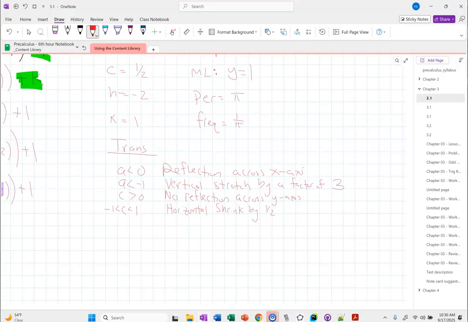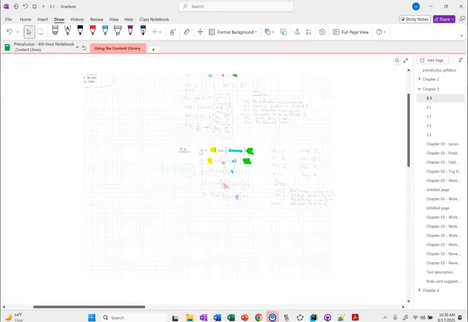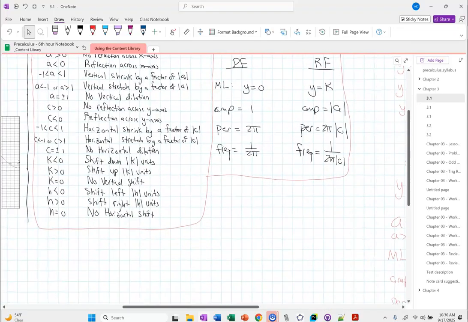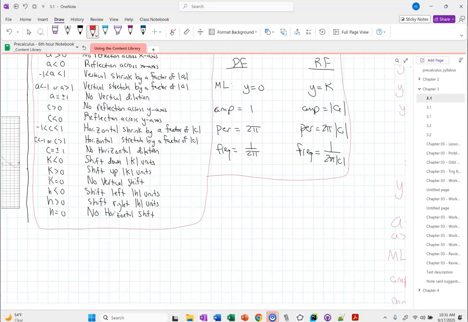Brady, you want to give us what happens from the H? I'm lost right now. Okay. So we're using this set of criteria. Our H was -2. Well, H is less than 0, right?